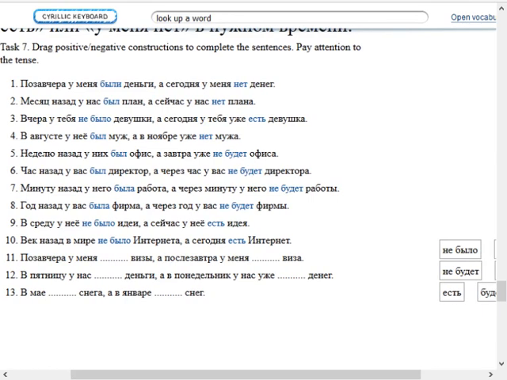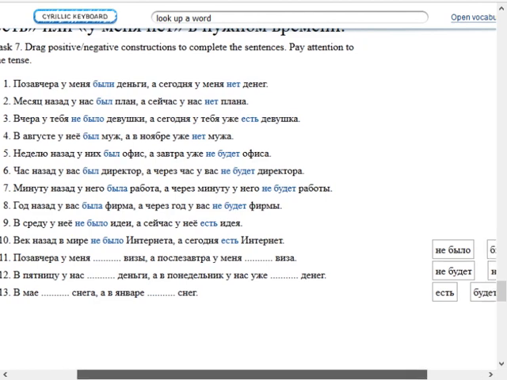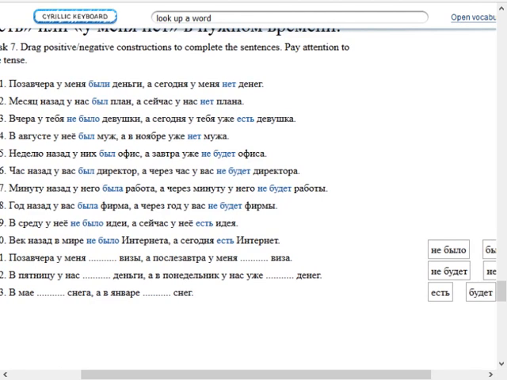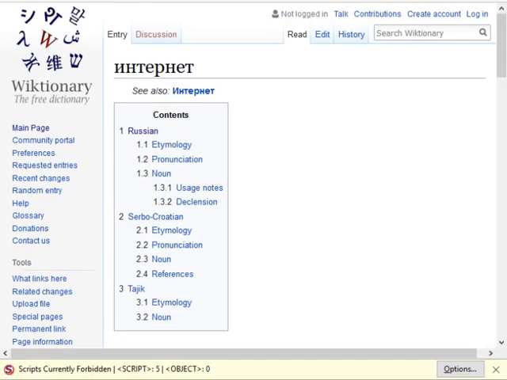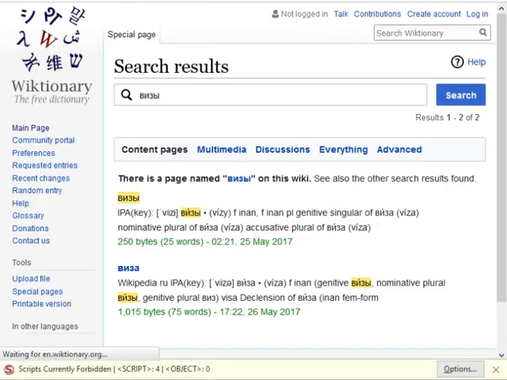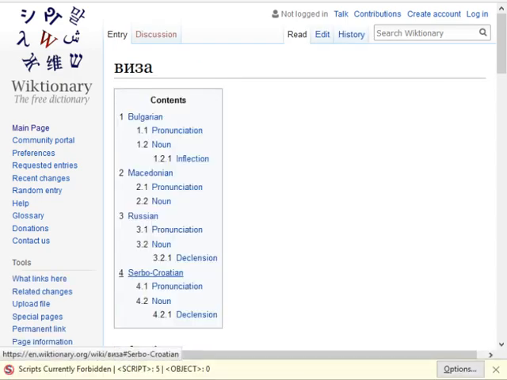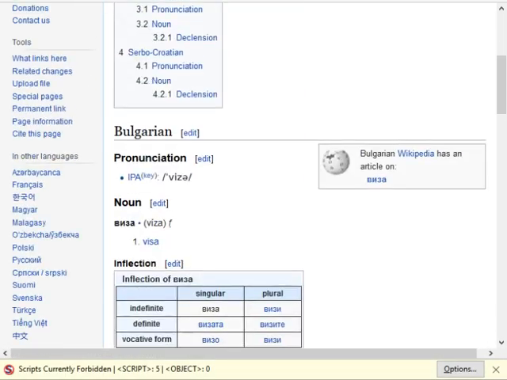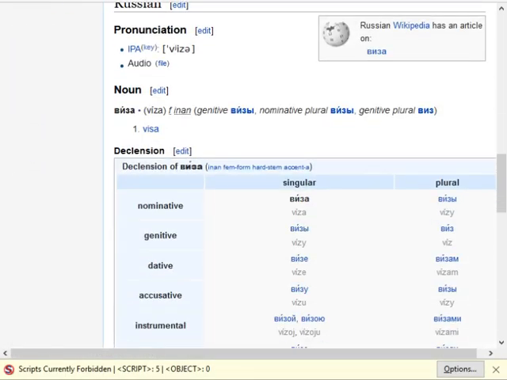Okay, "позавчера у меня визы." So the day before yesterday I did not have a visa. Let's check the gender of visa just to be sure about this one. Right, that's what I thought. Not Bulgarian or Macedonian, yes, Russian. So in Russian, visa is feminine.